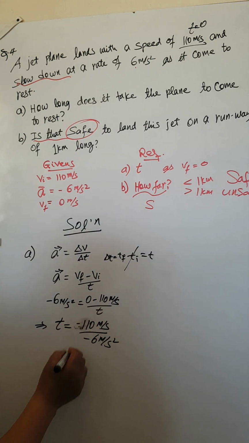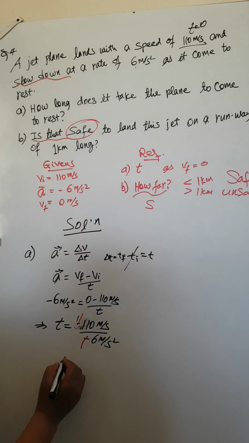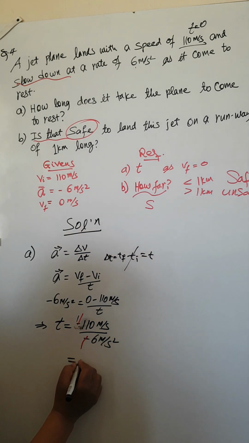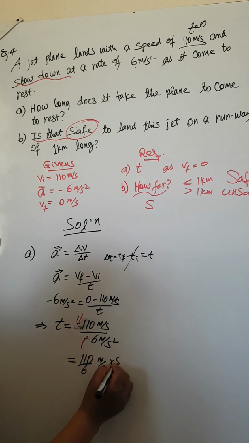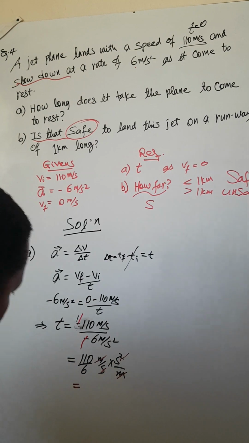The negatives can be cancelled out. Then this is equal to 110 divided by 6, meters per second times second squared divided by meter. Meter cancels out meter, and one of the seconds cancels out. This is equal to 110 divided by 6, which is 18.33.